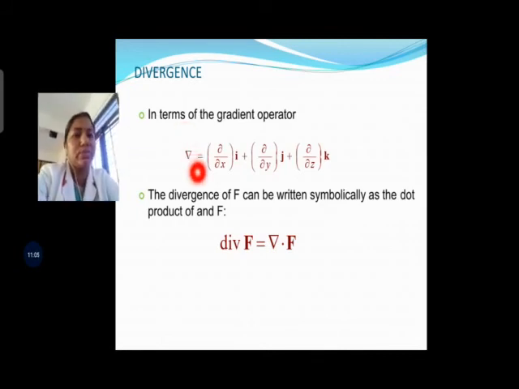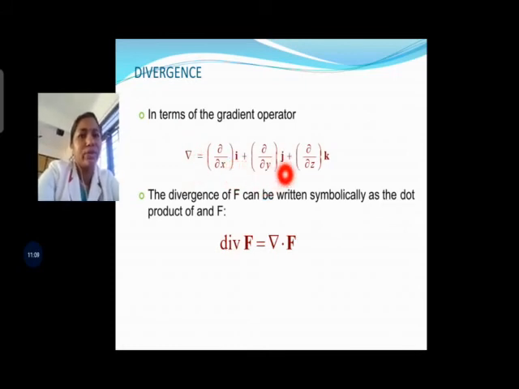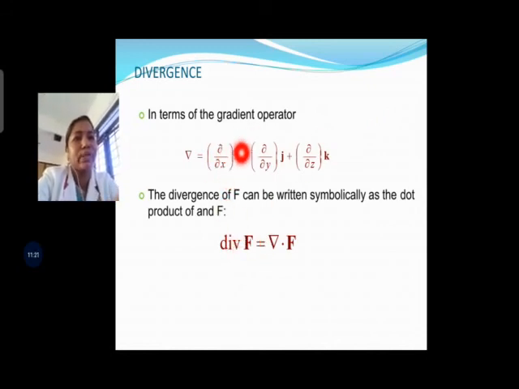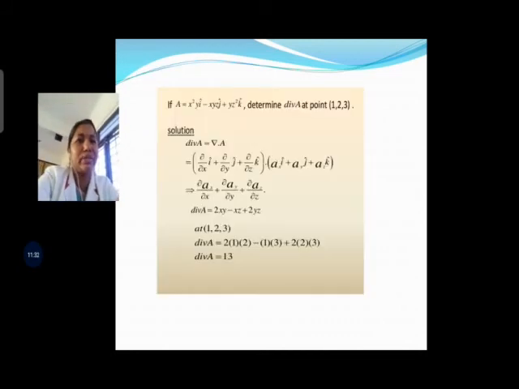Just substitute del as dou by dou X i, dou by dou Y j, dou by dou Z k. So divergence of F means just to multiply with F, so we take dou F by dou X and so on. Some equations will be given; just substitute the coefficients of i, j and k.